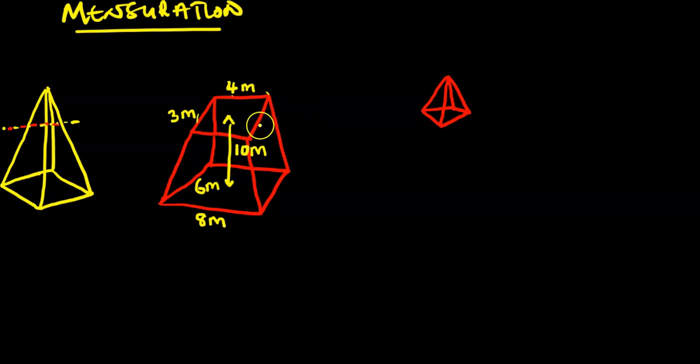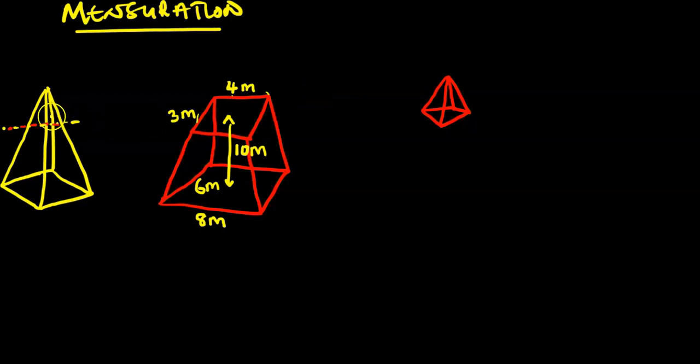So how do you calculate the volume of such a frustum if you are given a question to calculate the volume? Now, we know that this shape, which is the frustum, before it was cut, was a pyramid. So that is one point to take note.